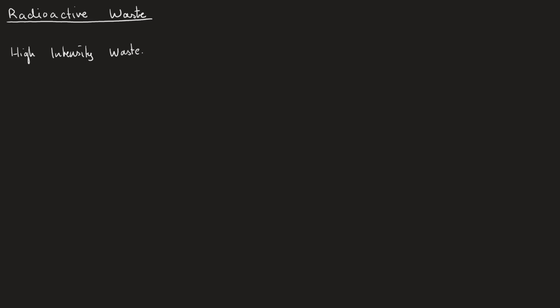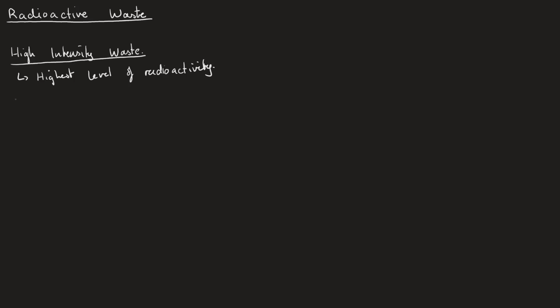High intensity waste has been exposed to the radiation for the longest time, so it has the highest level of radioactivity. By being present in a nuclear reactor, it has been exposed to radioactivity and becomes an emitter of that radioactivity itself.